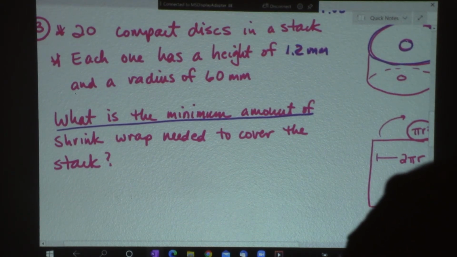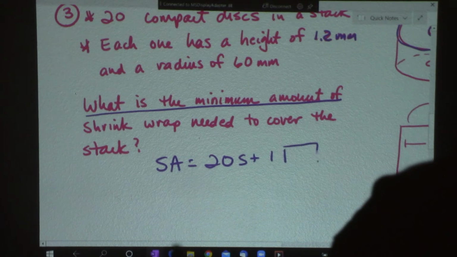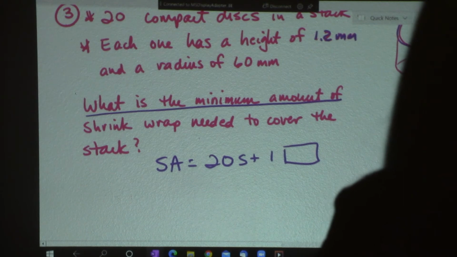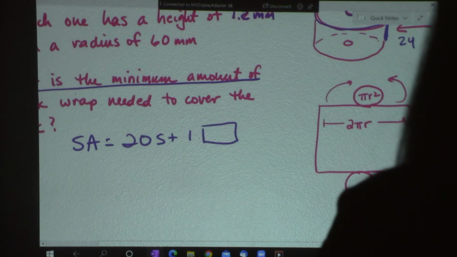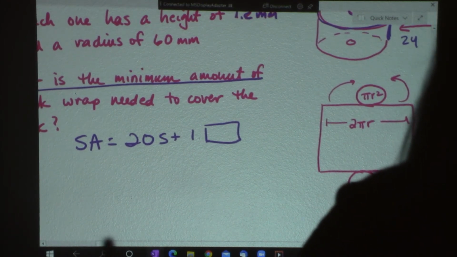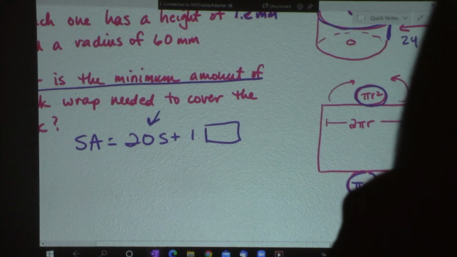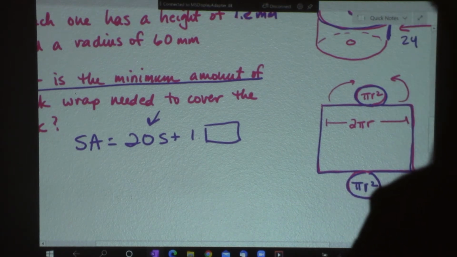All right, so my surface area is going to be 2 circles plus 1 rectangle. All right? And if I drew the net of that, you can see here, I've got 2 circles right here, 1, 2. So that's my 2 circles right there in my plan. And then I have 1 rectangle. Now let's talk about this. I want to make sure it's really clear to you.